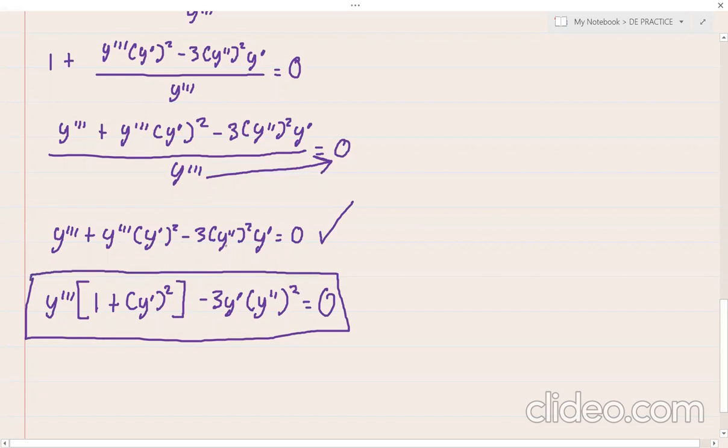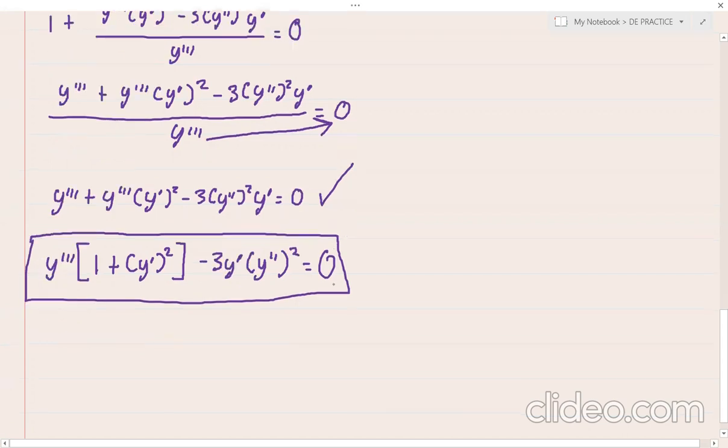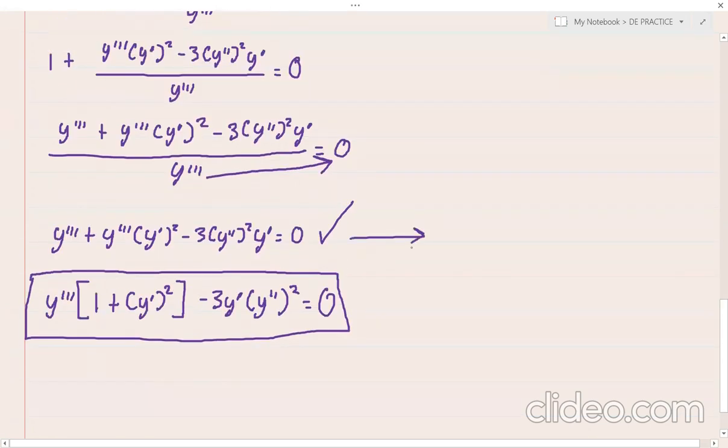Or, pwede nyo namang i-factor out naman itong si second term at saka si third term by factoring the y prime. Pwede naman yun. Okay? So, let me write it on the right side. So, in here, I can factor out, sabi ko, yung y prime dito.